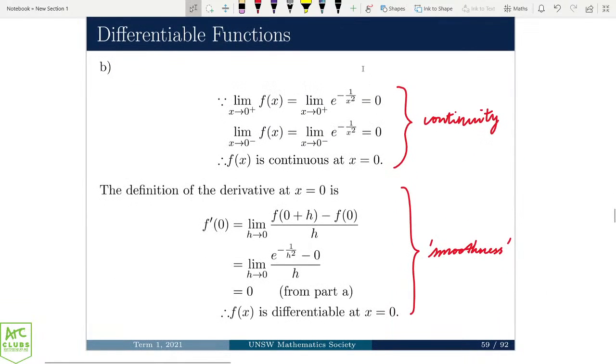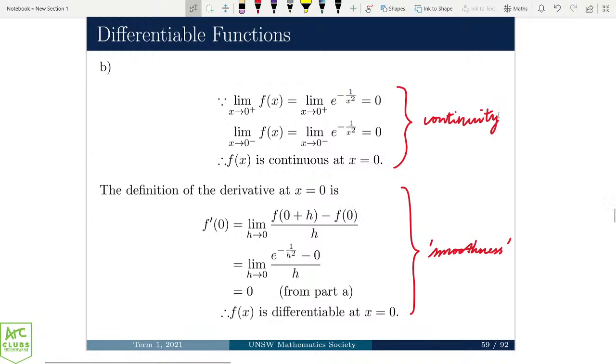The first thing we need to prove in order to prove the differentiability of a function is that it's continuous at this point. And then the second thing we do is prove that it's smooth at that point. Smooth is, I guess, another word for saying that it's differentiable, so it doesn't have any sharp turns or anything like that.